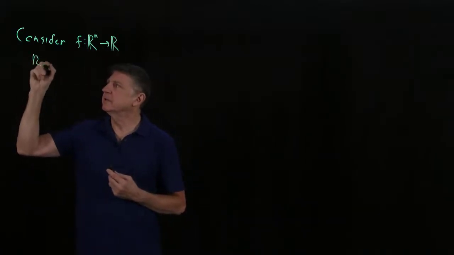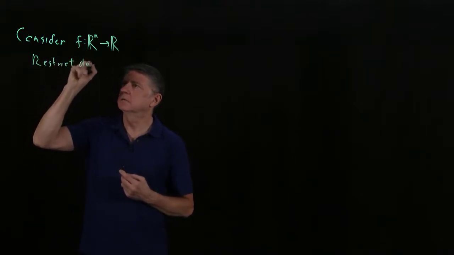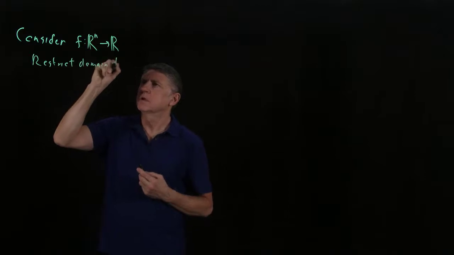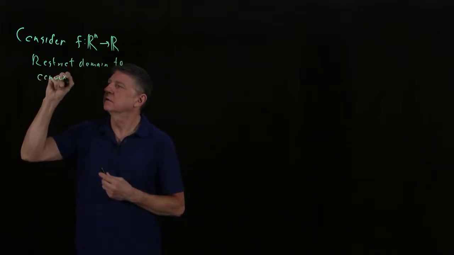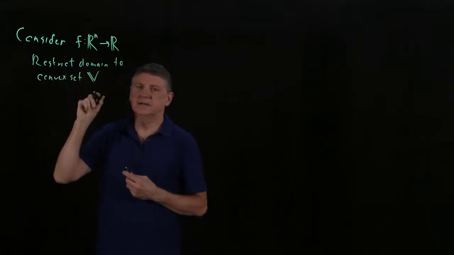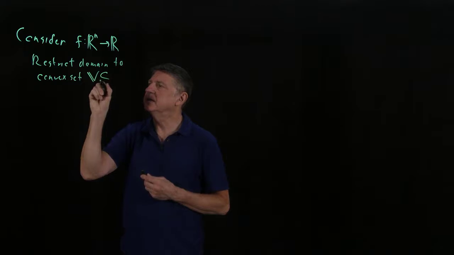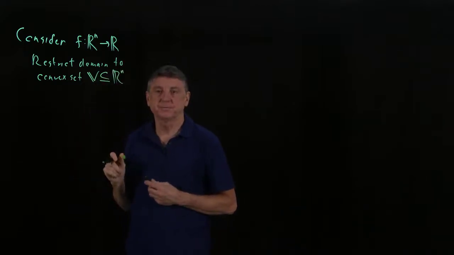And let's restrict the domain to a convex set, and we'll write that as V, and it is a not strict subset of all of the possible vectors.